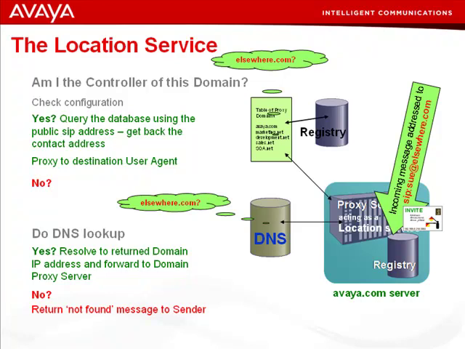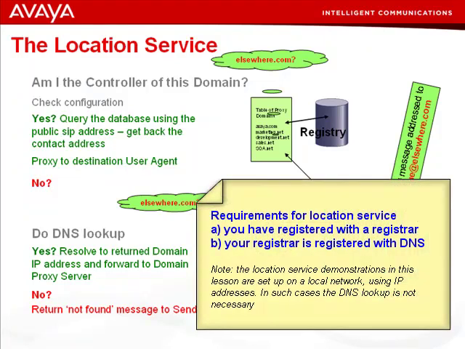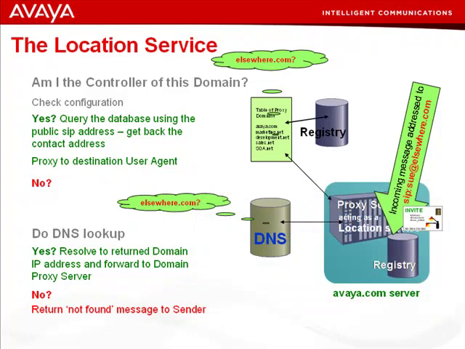In the real world, there's nothing magical about the location service. It will only find you if A, you have registered with a registrar, and B, your registrar itself has registered with DNS. If either of these two registrations are missing, the location task, and therefore the call setup, will fail.